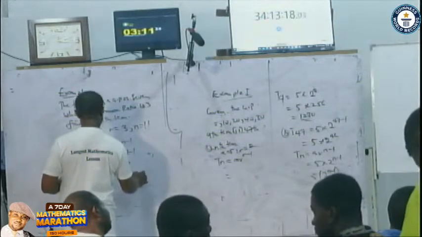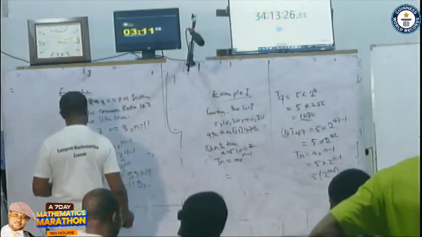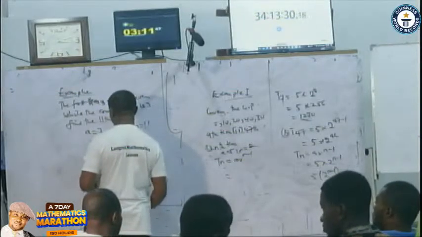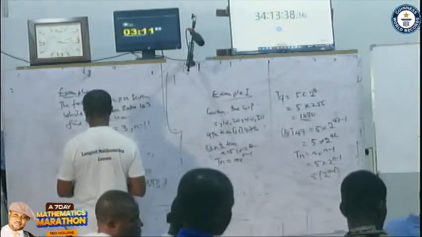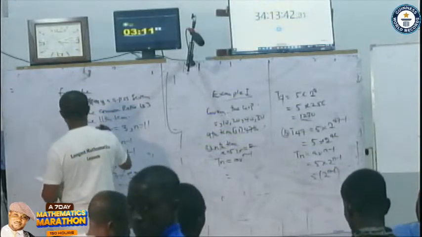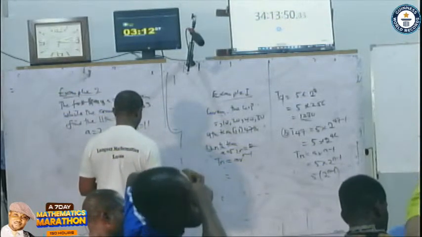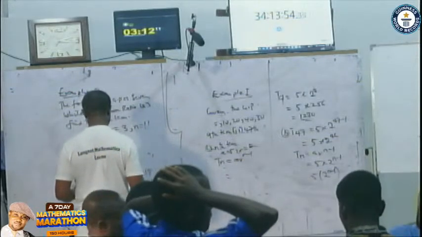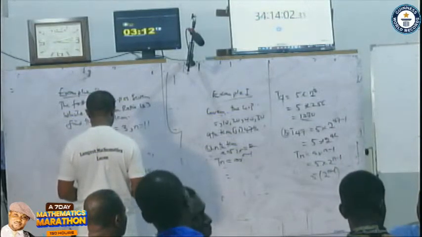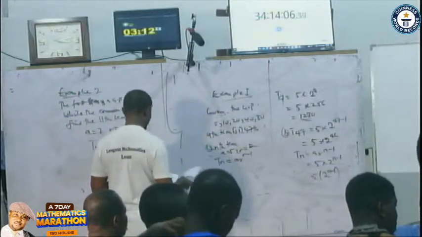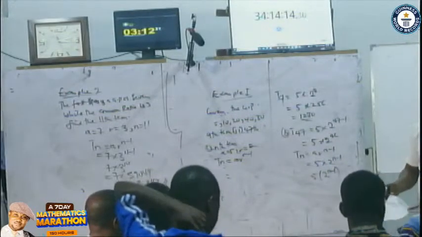So multiply 7 times 59049. Okay, 413,343. Example 2. Let's go check them.